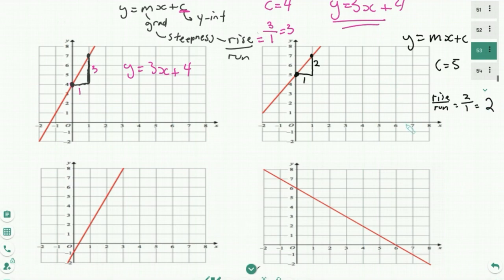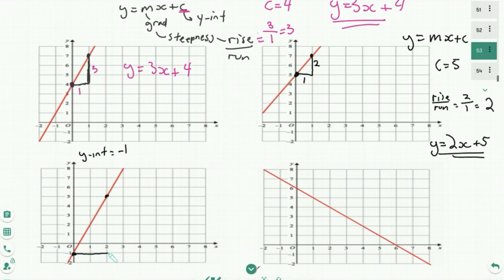So the equation of the line is y equals mx plus c. m is the gradient, so m is 2. c is the y-intercept, it's 5, positive 5. And that's the equation of this line. Let's go to the next one. Here, same thing. Our y-intercept c is -1. And for our gradient, I'm going to choose 2 nice points. Let's choose this point here, and this point here.